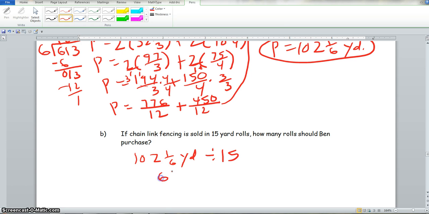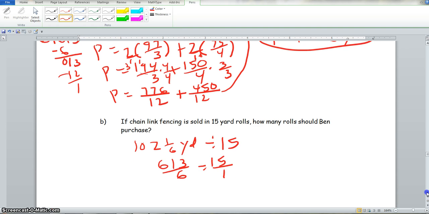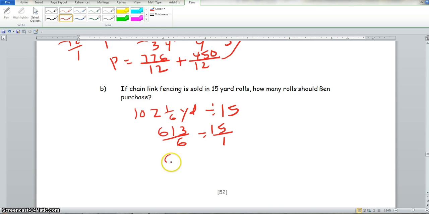So this will give us 613 over 6 divided by 15 over 1. Now, we would take this 613 over 6 and multiply it by 1 over 15, because we have to take the reciprocal. Now we will have 613, and 6 times 15 is 90, and they have nothing in common.